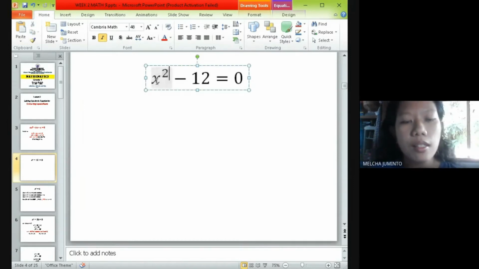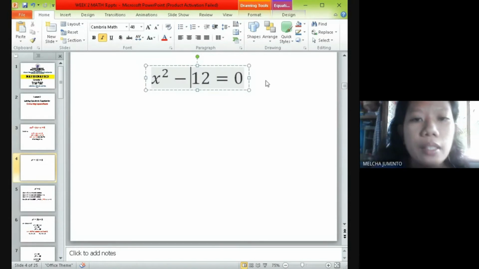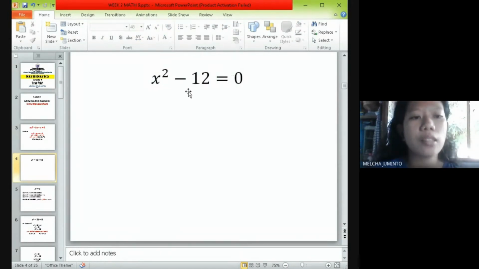All you can see is the term containing x squared, wherein this is the ax squared. A is 1 because there's no number here. It is understood to be 1. And then this term, negative 12, is the value of c because it does not contain x. Therefore, bx is removed because b is equal to 0. So this particular equation is an example of a quadratic equation in the form of ax squared plus c is equal to 0, which can be solved using extracting the square roots.